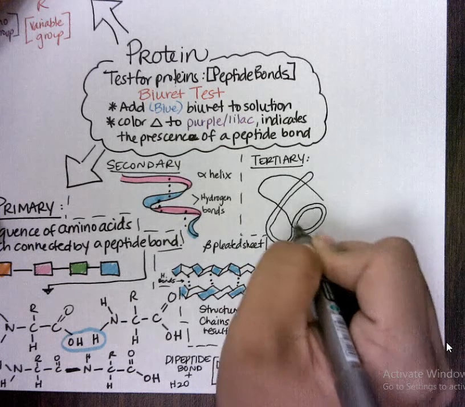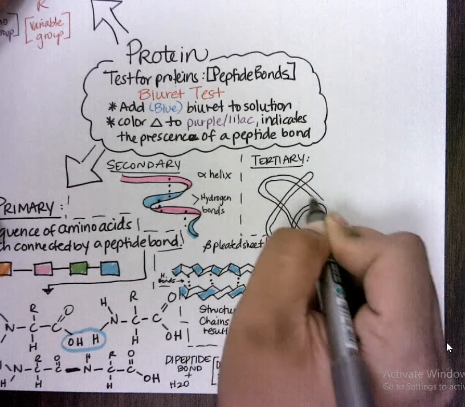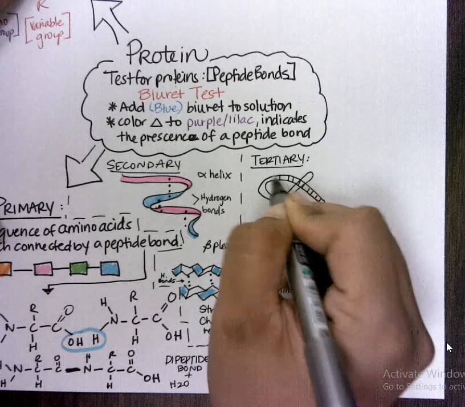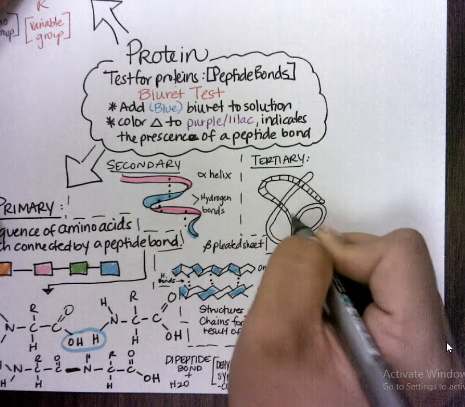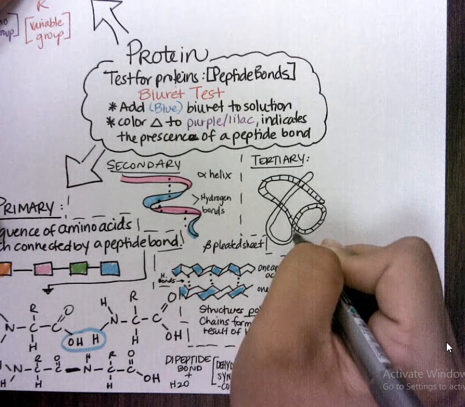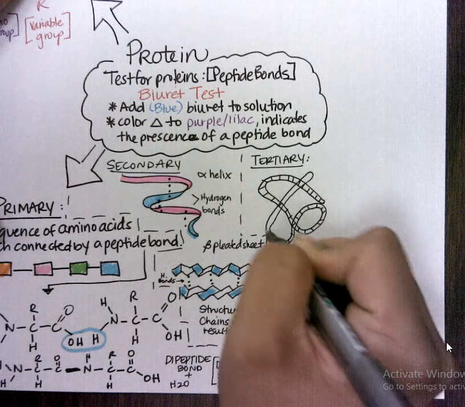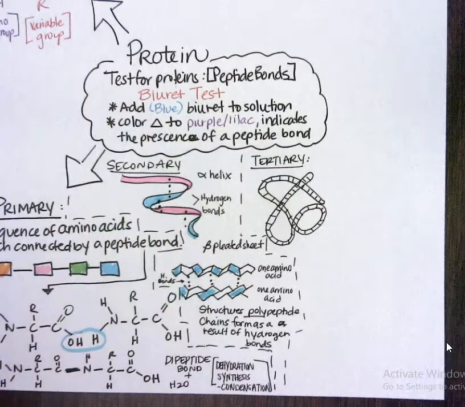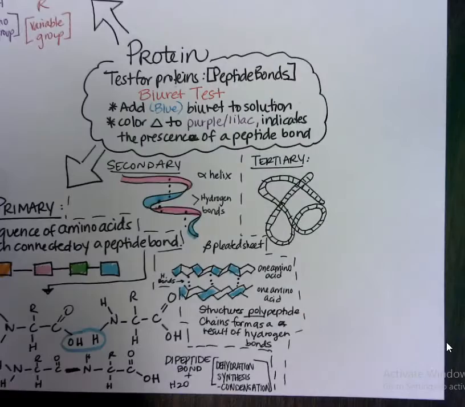So it looks a little funny right now. And then the striations are just to represent that there are molecules there. So it kind of looks like a rope almost. And then it takes kind of almost like a knot position, but it's not fully formed yet. So it's not going to look full or complete to you. Let me find my marker.